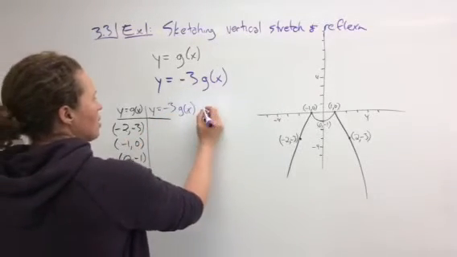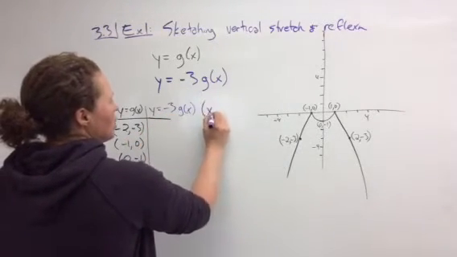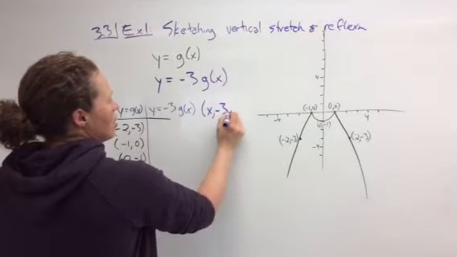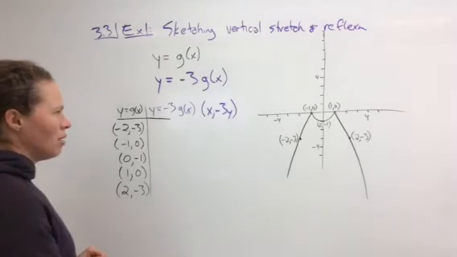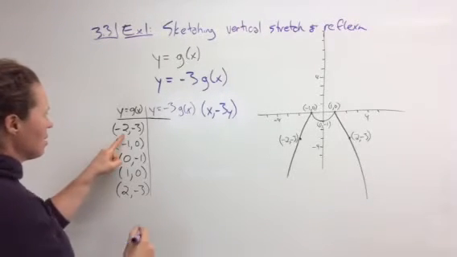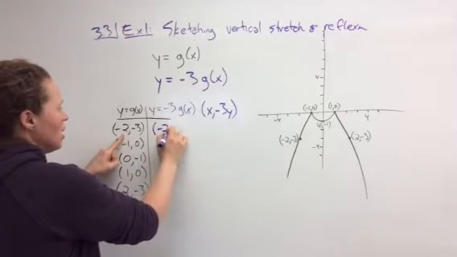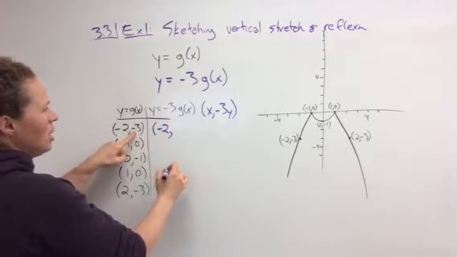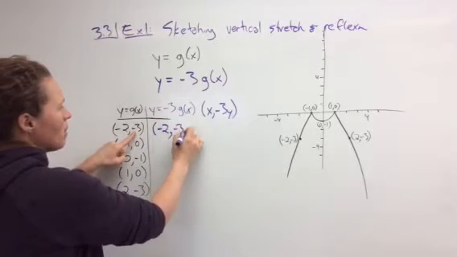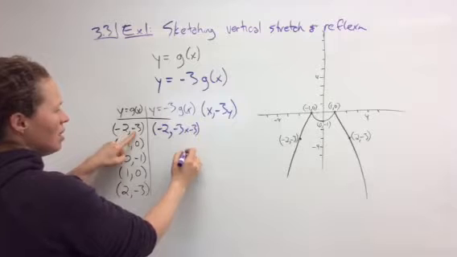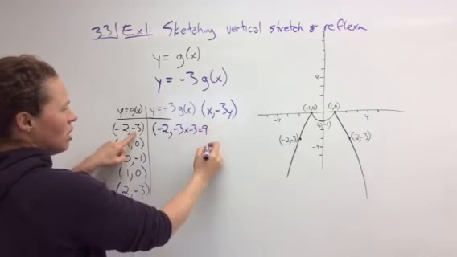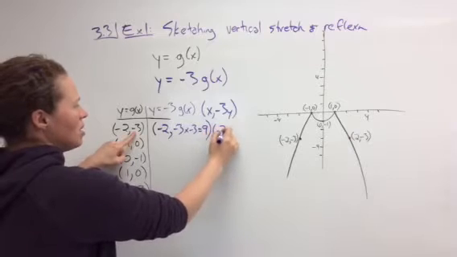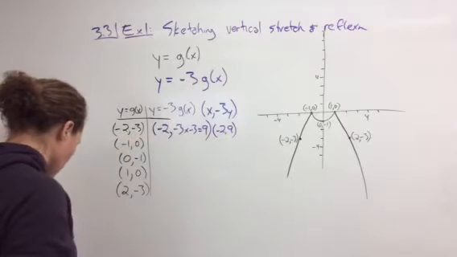So I could even make a little point here that says I'm going to take that -3 and multiply it by the y and get my new point. So the x is going to stay the same. I'll leave the x at -2, but -3 times -3 is going to get me 9. So that means that my new point is -2 and 9.